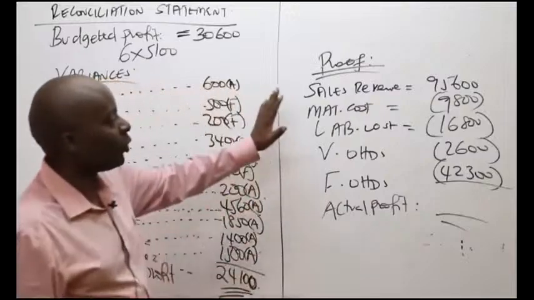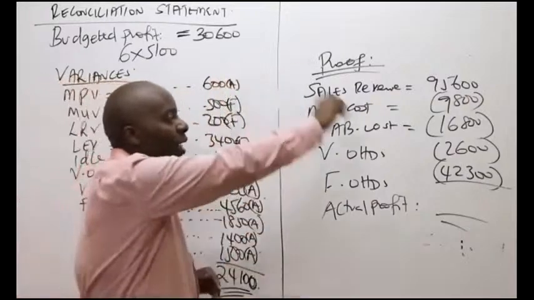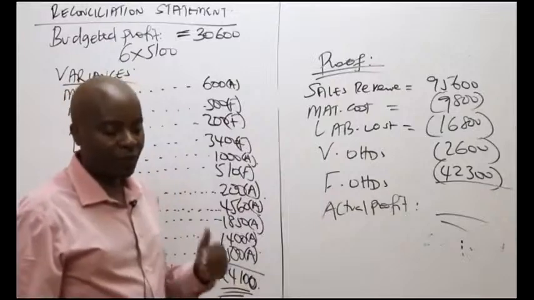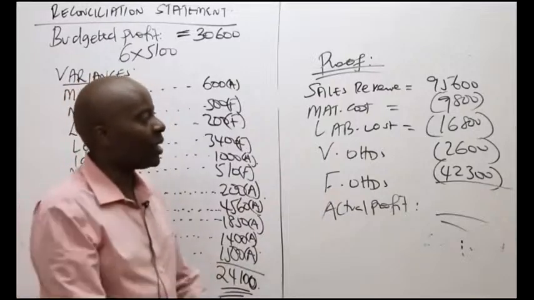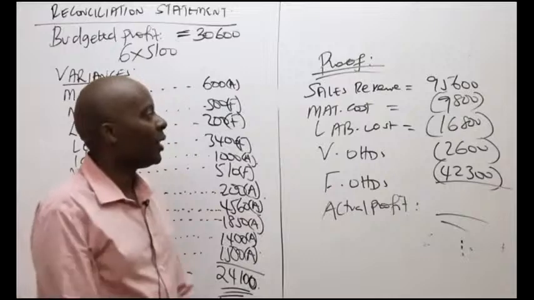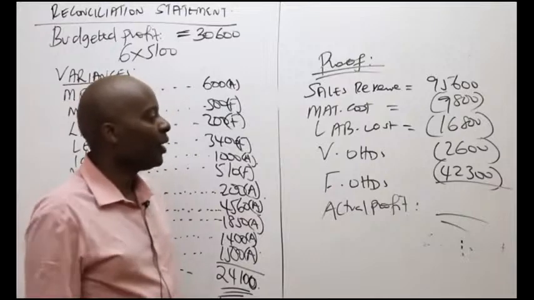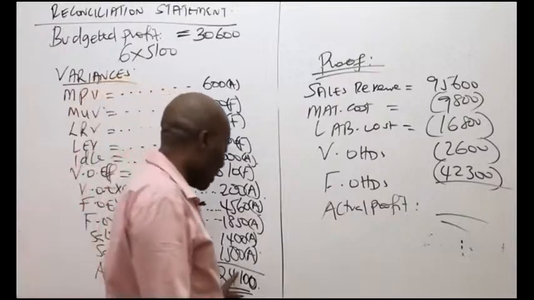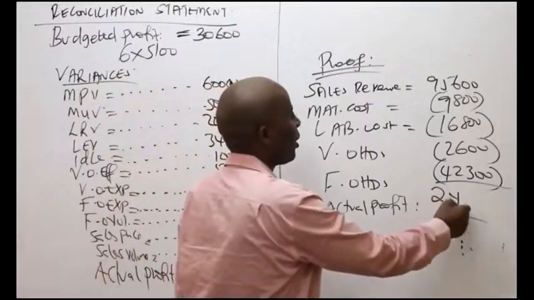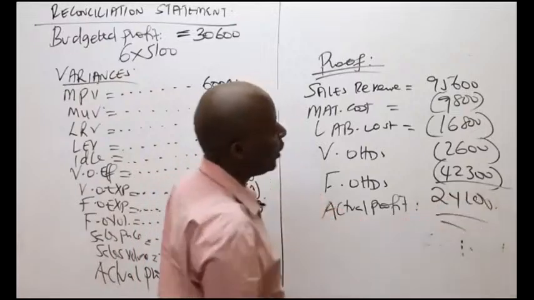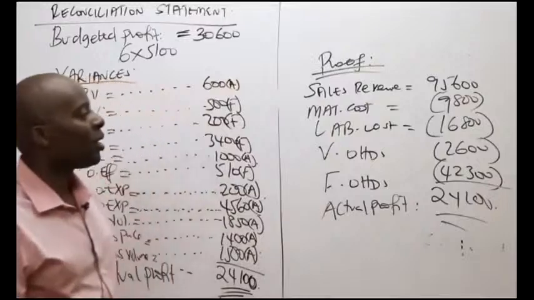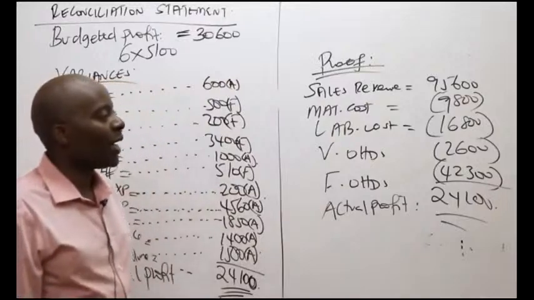You can just prove it, although this one is very much unnecessary. So we want to see whether you are going to get the same figure of 24,100 at the end of the day.